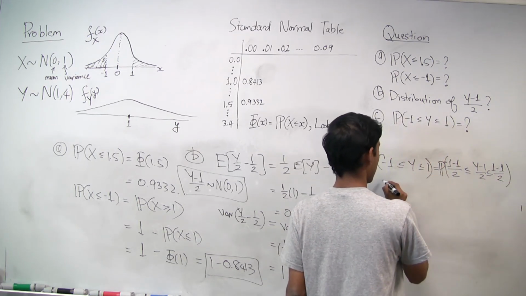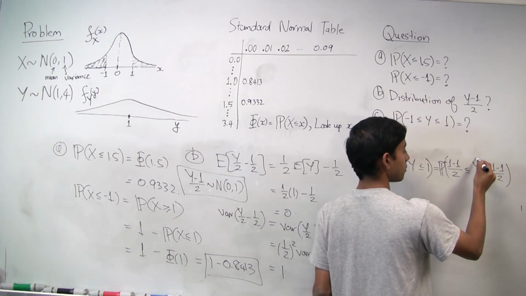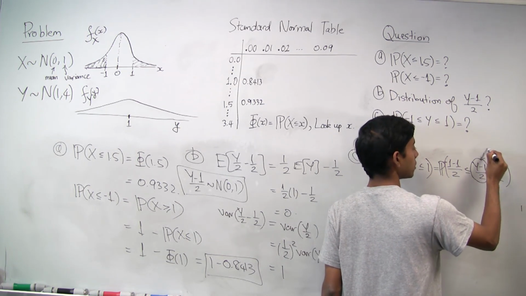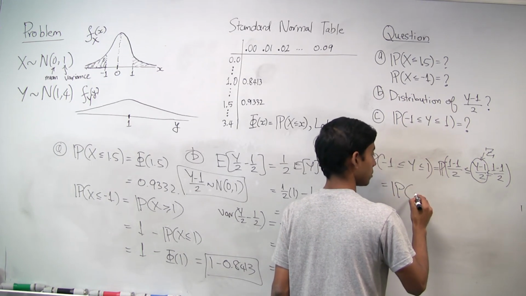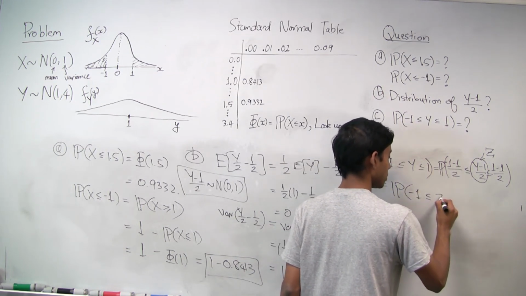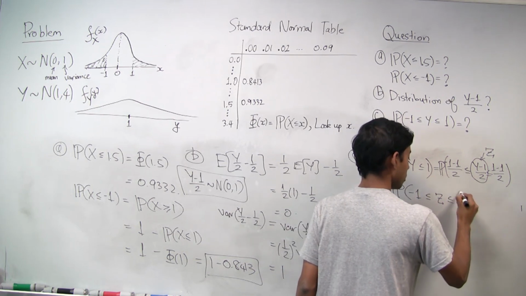Okay, and that's equal to, I'm going to call this standard normal z, so that's easier to write. And that's equal to -1 less than or equal to z less than or equal to 0.